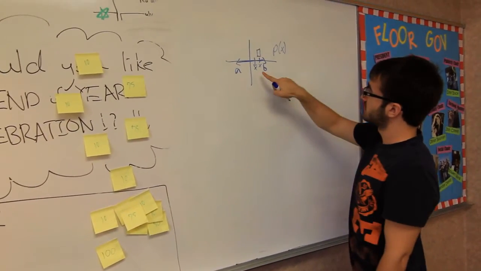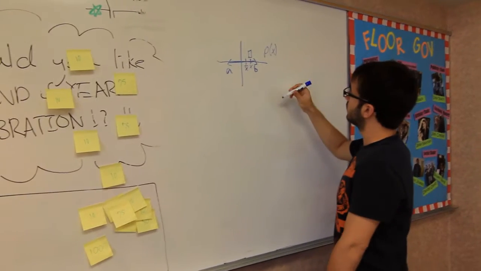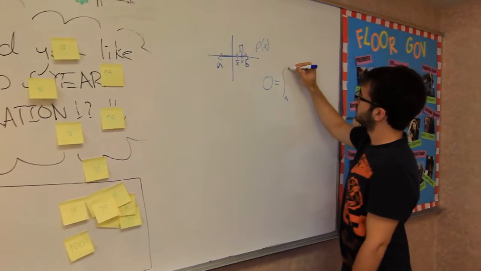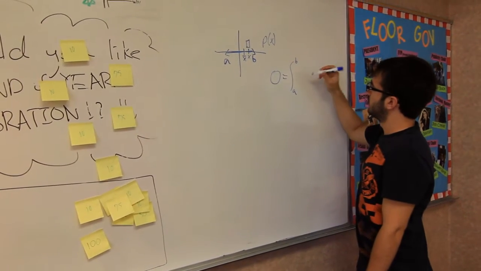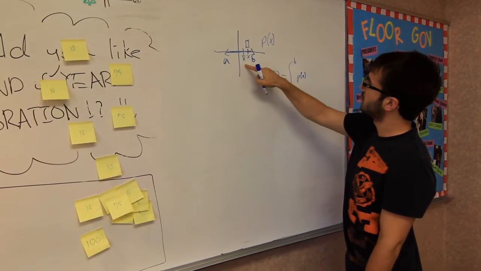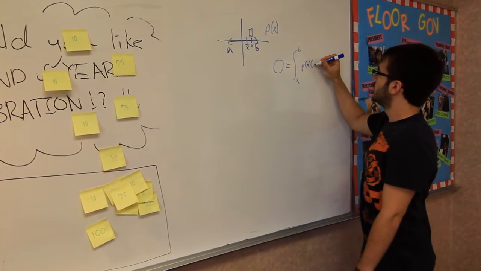So the sum of all torques about this point is going to equal 0. And then we're going to have the density function times the distance across, which is going to be x.